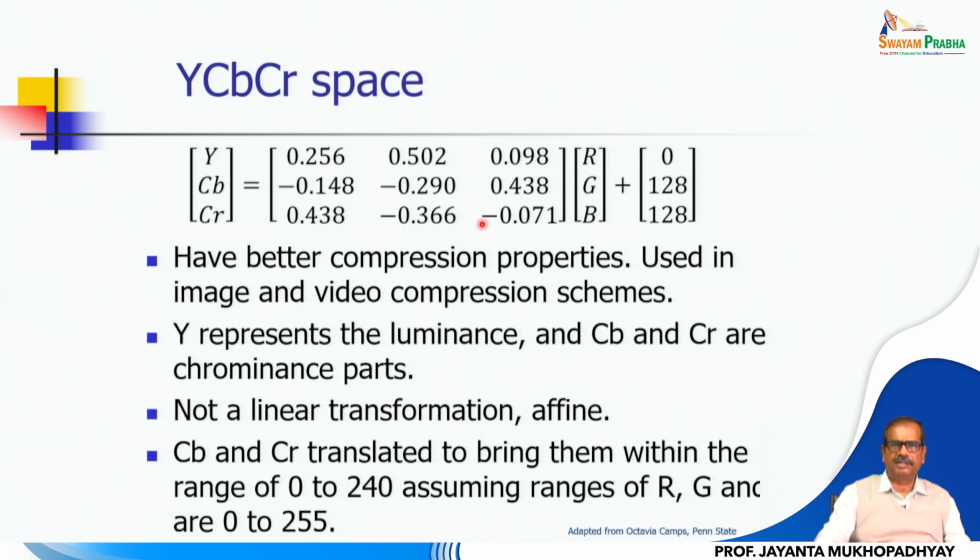In the actual YCbCr space, as I mentioned, you add 128 to Cb and Cr so that their negative values become positive. So they are translated from their dynamic range to 0 to 240 values, and it is an affine transformation that we should note.